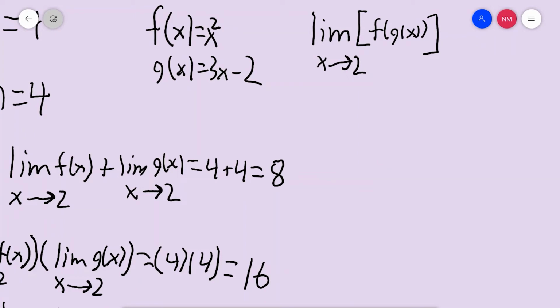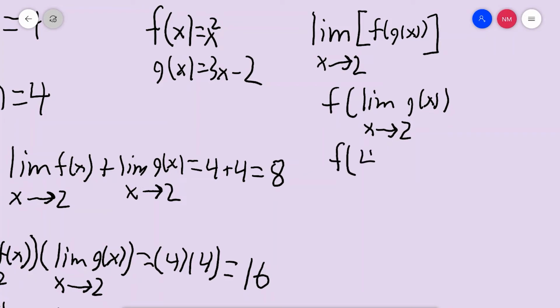So what we would do is first we would find the limit of g of x as x approaches 2, and then we would plug that into f, as if f was a function. So f of the limit of g of x as x approaches 2, and that's just f of 4, since we found the limit before. And since x squared is a continuous function, we can plug that in, and 4 squared is equal to 16.